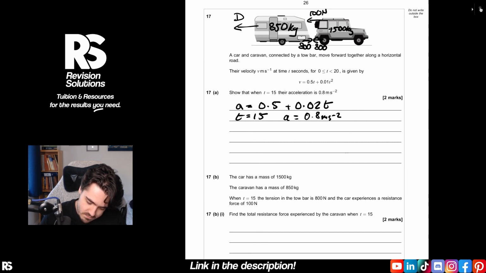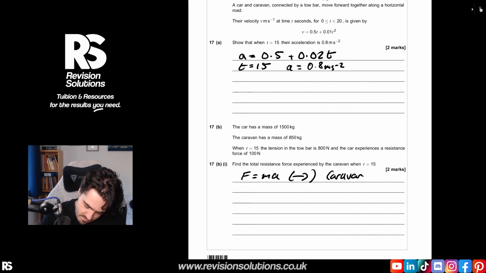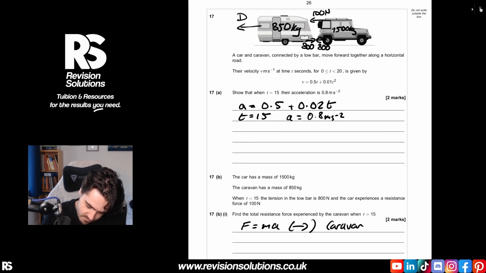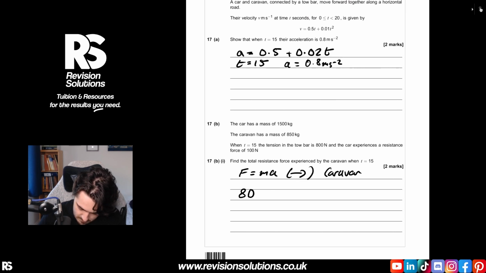So if we just do F equals ma for the caravan, thinking going to the right is positive for the caravan, then we'd have 800 to the right minus the drag force going to the left, must equal the mass of the caravan, which was 850, times its acceleration, which we knew from earlier is 0.8.